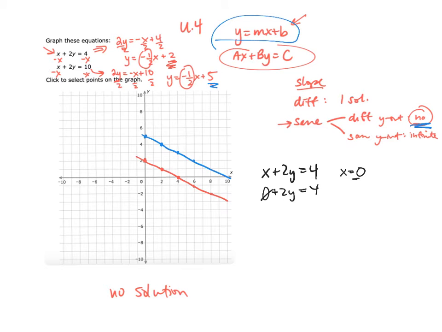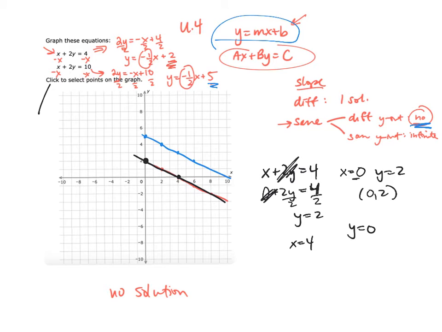That means the x just goes away. So then this is a 4, divide both sides by 2, y equals 2. So y equals 2 when x is 0. So you have 0, 2, this point here. You can graph that point. And then do it again with y equals 0, and that knocks out the y, so x equals 4. And graph that, and then you can connect the dots like that.